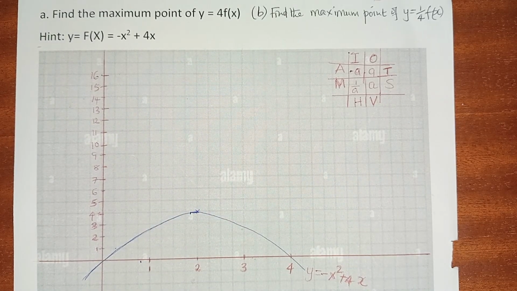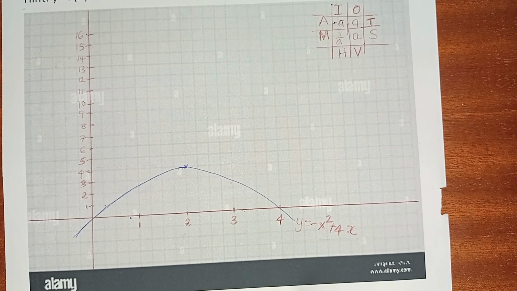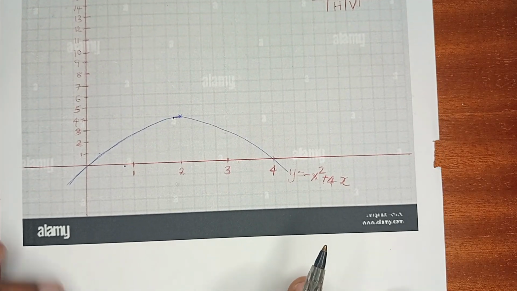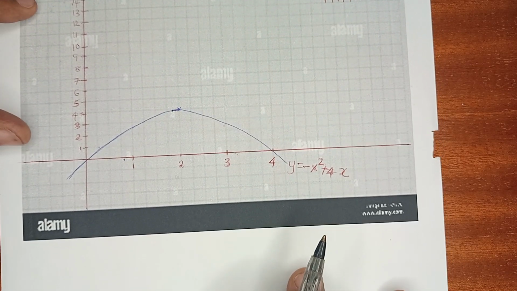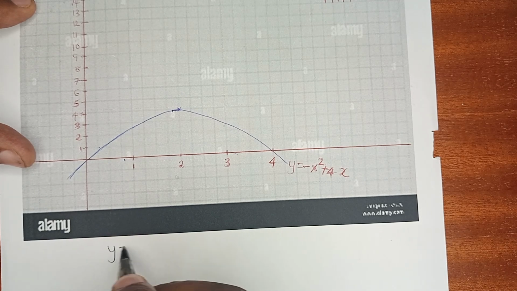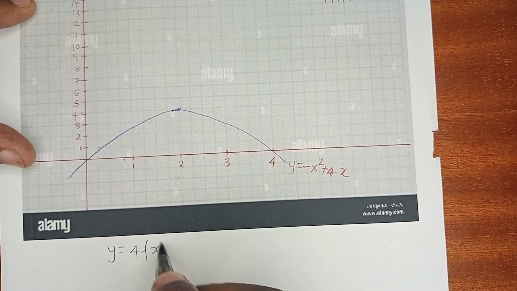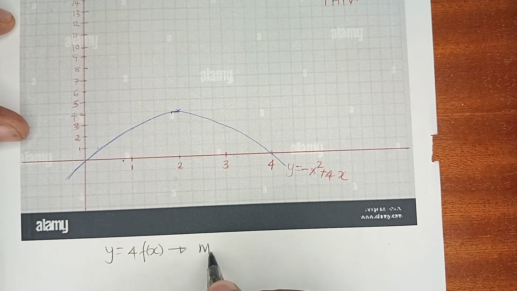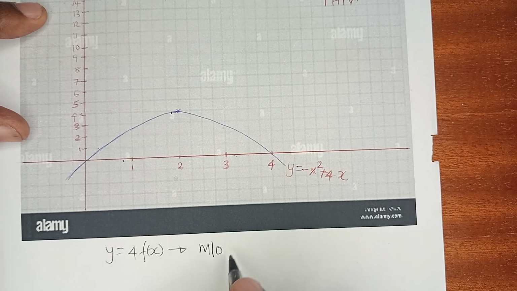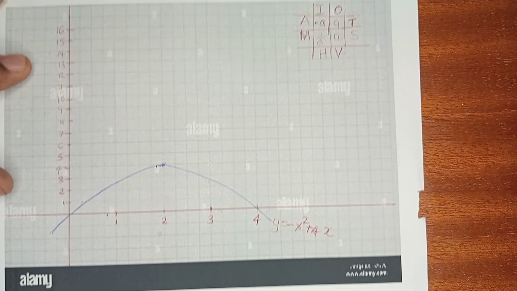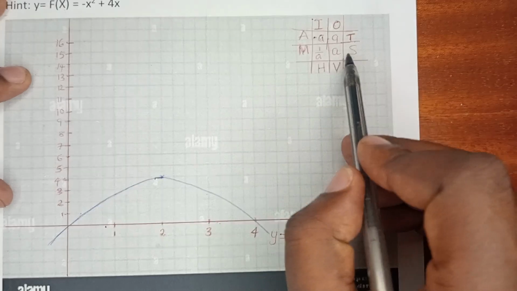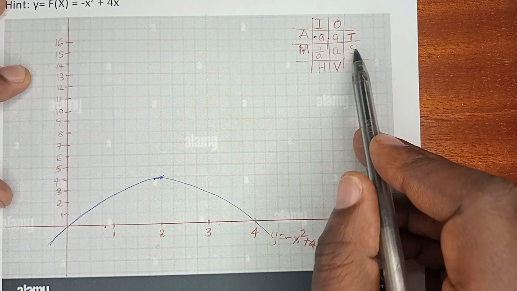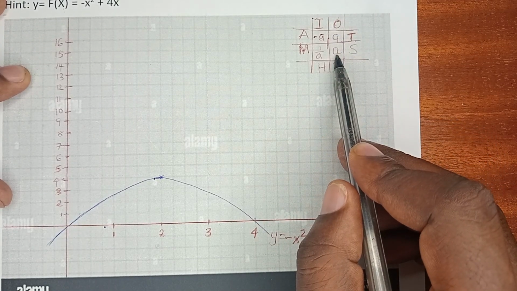If this is the graph of y equals f(x) transformed to 4f(x), we can work it out here: y equals 4f(x). As you can see, this is multiplication outside, and according to MAIO, multiplication outside is a vertical stretch of scale factor a.